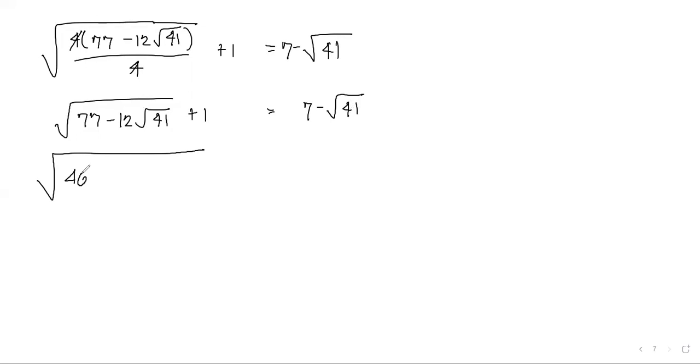So 36 and 41 minus 12 square root of 41 plus 1 mamaya pa yan equals this 7 minus square root of 41. Okay? So same lang din kanina.